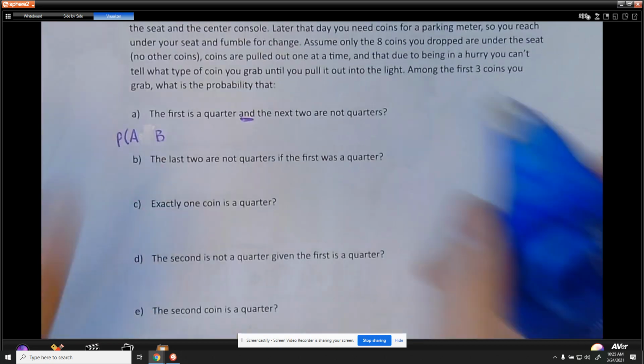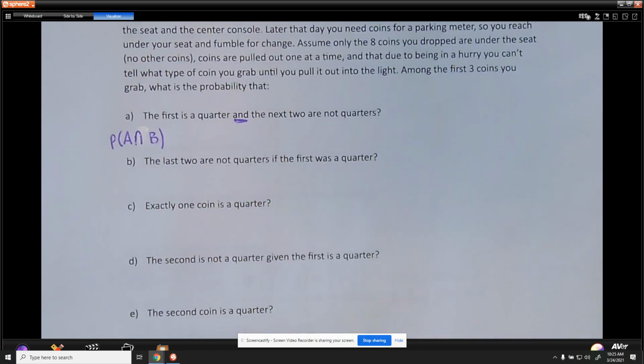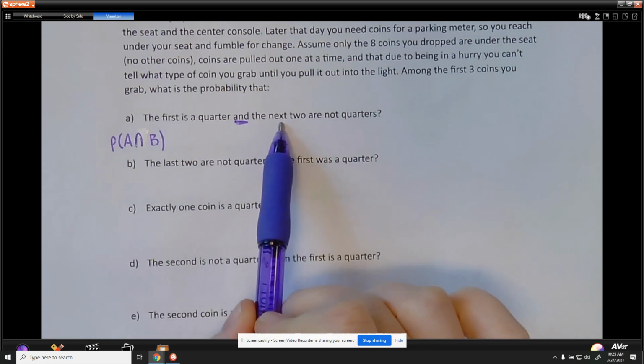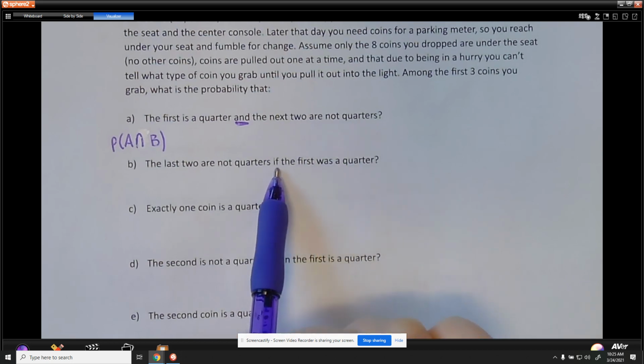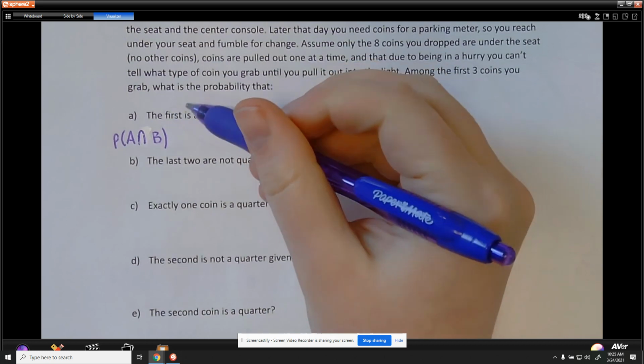It's an and statement. So A and B, that is the product rule. But I'm going to pause there for a second. B is the probability that the last 2 are not quarters, right? Similar to this, if the first was a quarter, similar to this.